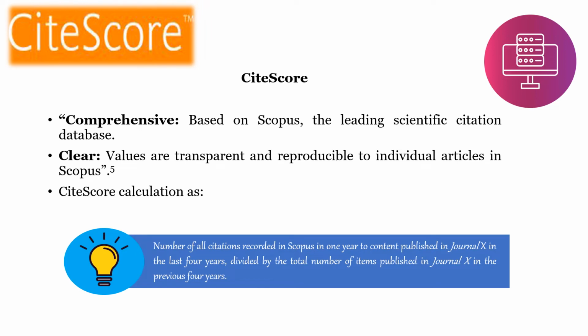Third, it's clear: values are transparent and reproducible down to individual articles in Scopus. So you can calculate CiteScore as the number of citations recorded in Scopus in 1 year to content published in Journal X in the last 4 years divided by the total number of items published in Journal X in the previous 4 years.